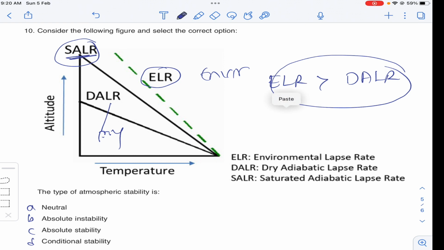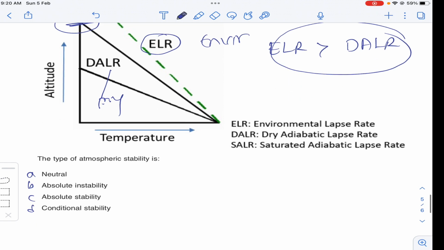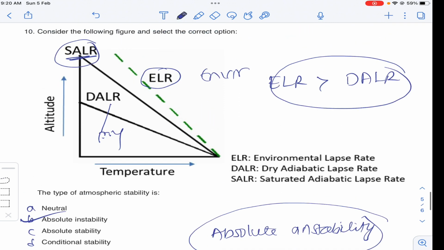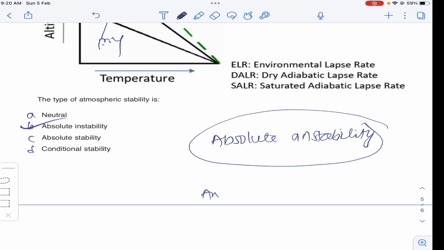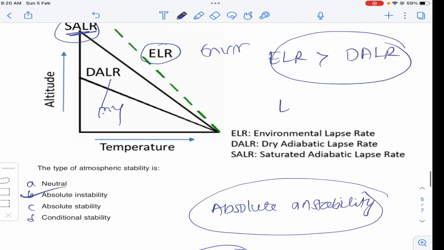So when ELR is greater than dry adiabatic lapse rate, it will indicate absolute instability. Okay, so answer B for question number 10. Or else if ELR is less than dry adiabatic lapse rate, that will cause absolute stability. Okay, thank you.